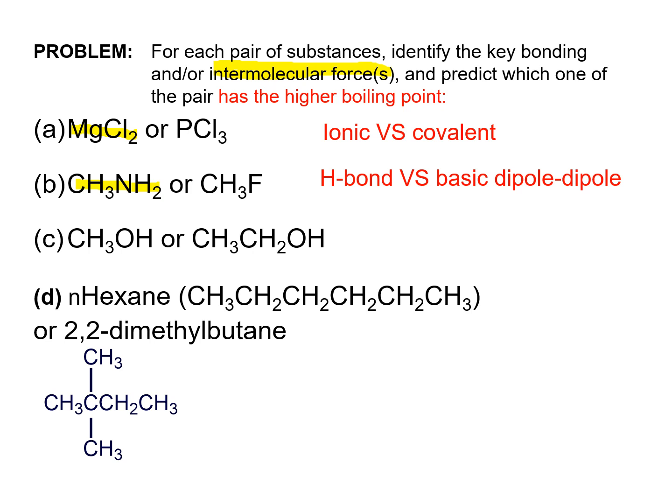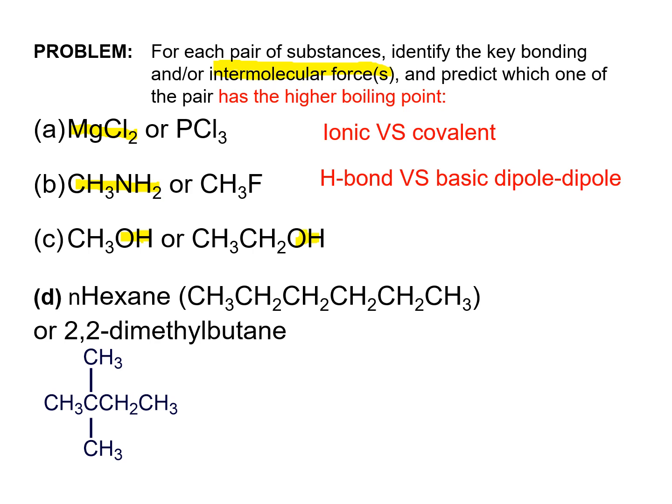In the pair shown in C, you have 2 alcohols. This is methanol, and this is ethanol. So this is the alcohol that you have in alcoholic beverages. Methanol is actually toxic. So in this case, you have the possibility of hydrogen bonds in both.